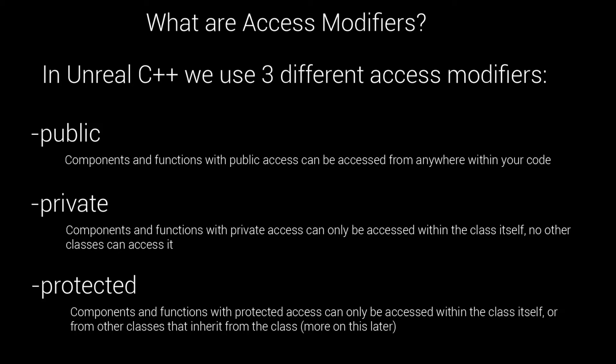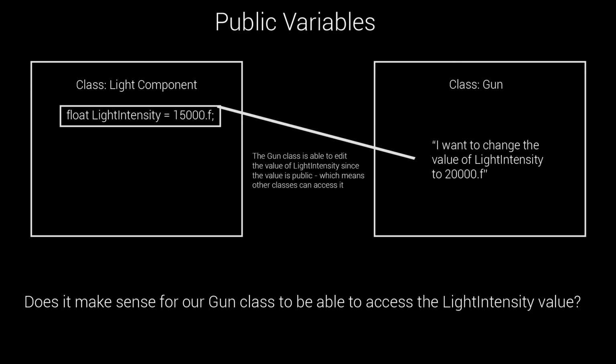And any components declared with the protected access modifier mean nothing outside of the class can access it, but things that inherit from our class can access it. And now I'm going to talk about inheritance a little bit. But first I'll describe the different access modifiers.